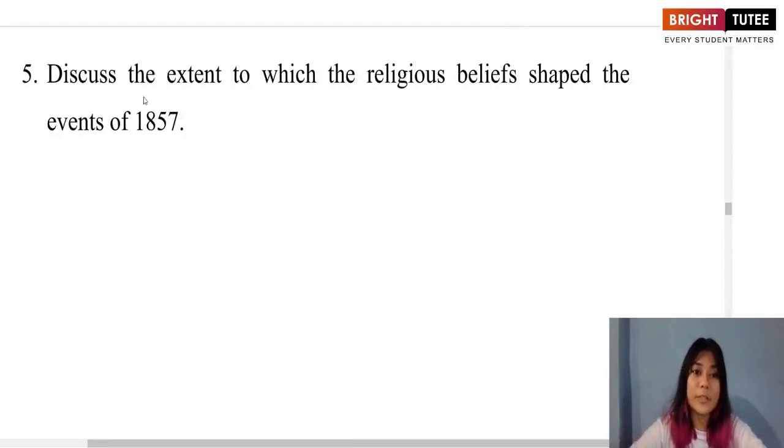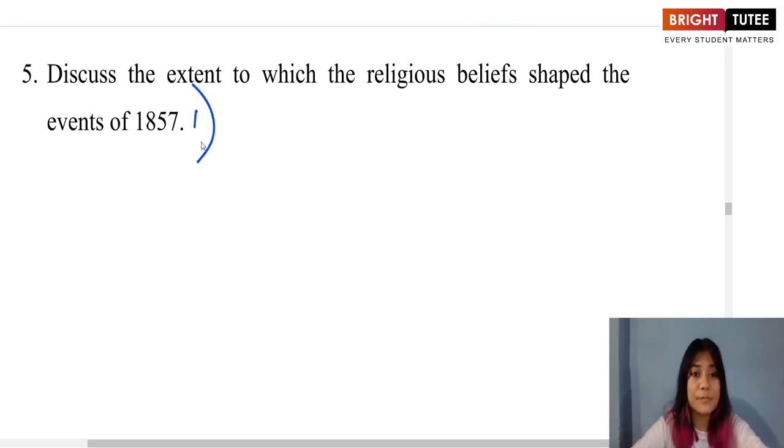The next question. Discuss the extent to which religious beliefs shaped the events of 1857. So how did the religious beliefs impact or affect the events of 1857?